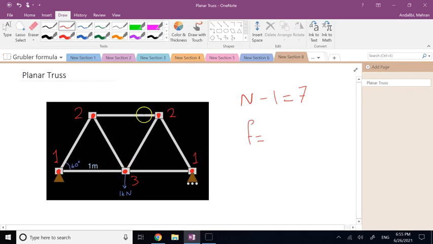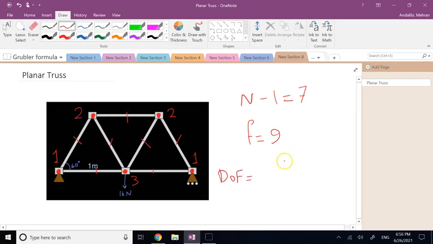So now if we count, you have 6 and then 9, correct? You have 9. Now, is that good? Again, let's count the members. That's 1, 2, 3, 4, 5, 6, and 7. So now what's the degree of freedom here?